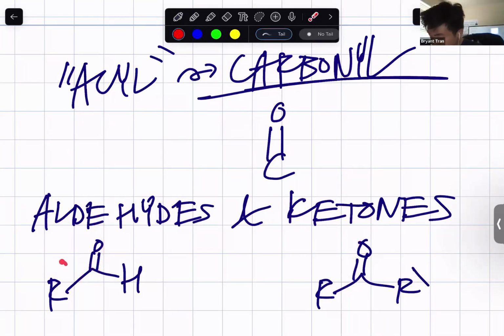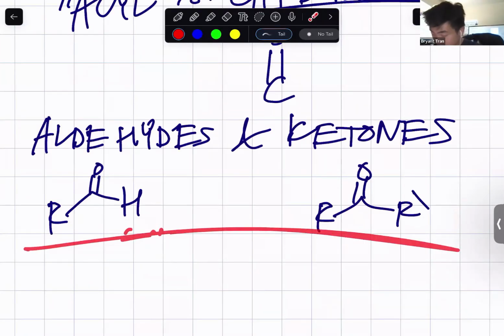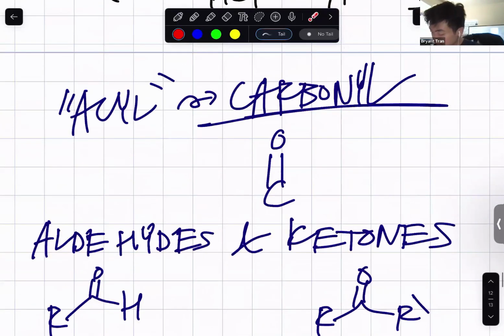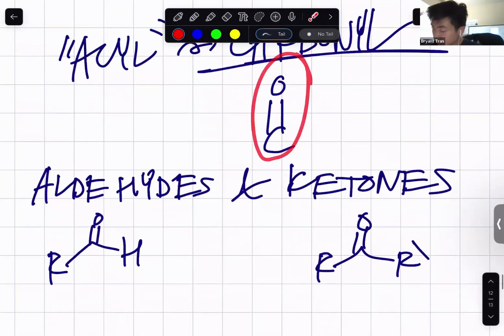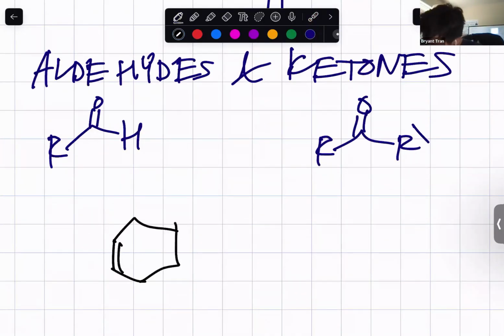Aldehyde has 1 hydrocarbon and 1 hydrogen flanking the carbonyl, whereas a ketone has 2 hydrocarbons. It could be the same or different, flanking the carbonyl. Now that's going to be chapter 17 and 18, the last chapters of Chem 118B. So when you see acylation, know that you're adding a carbonyl to the benzene. So acylation will add something like this to the benzene.